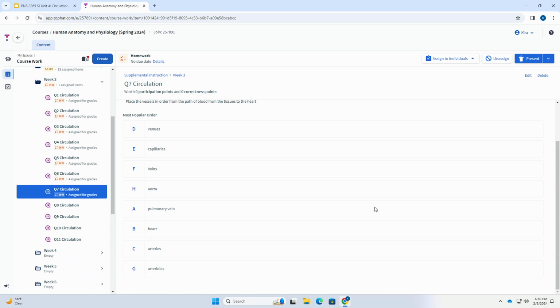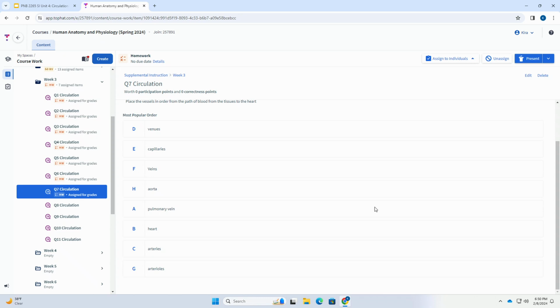Okay, so starting at the tissues, it's supposed to say venules, not venues. Starting at the tissues, we have the capillaries that are covering the tissues.